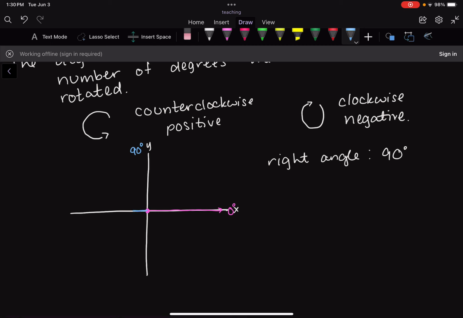If your terminal side is rotated all the way straight like this, that is 180 degrees. And so the actual angle here is this whole thing.